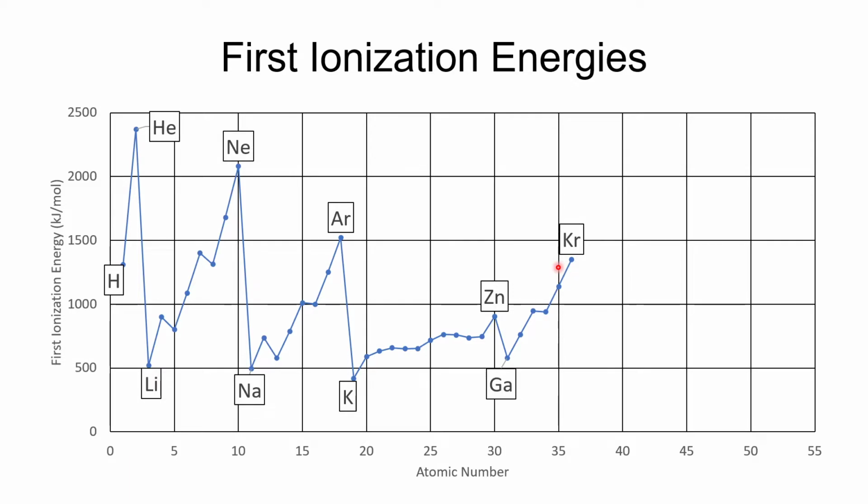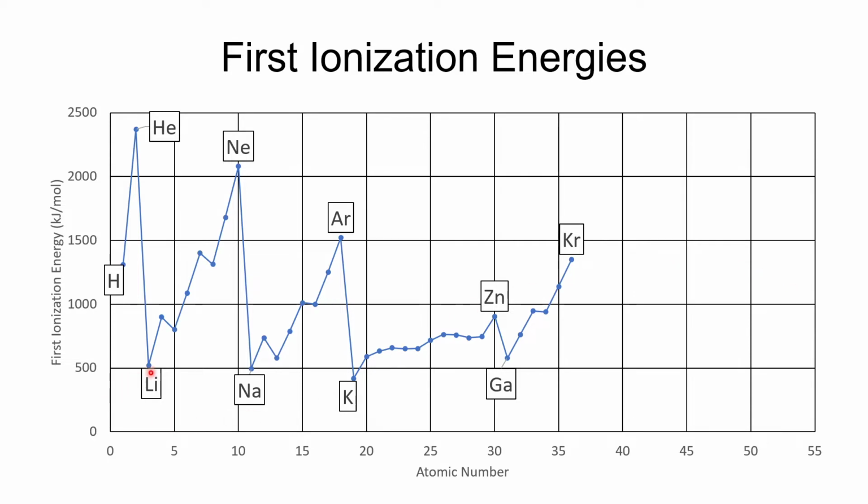And then now I want you to look at the ionization energy of helium, neon, argon, and krypton. And you'll notice that the ionization energies decrease as we go down in that group. So we go from helium to neon to argon to krypton. So we would expect for xenon, and xenon is the one out here, we expect it to be lower.